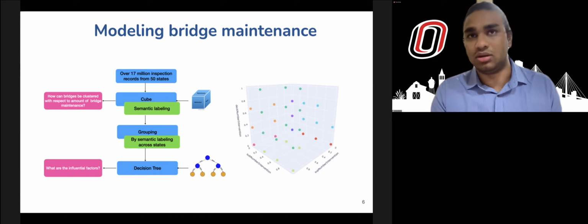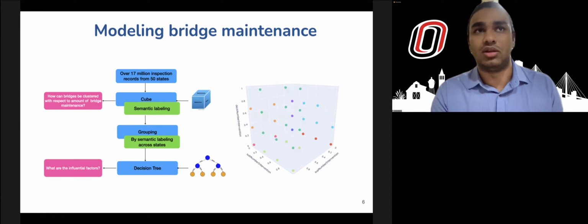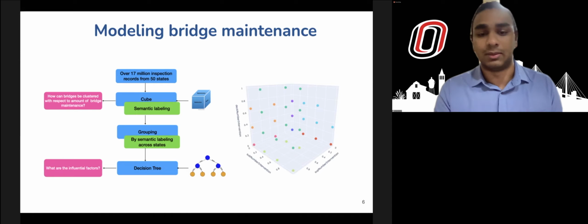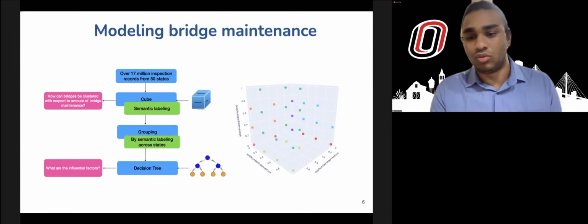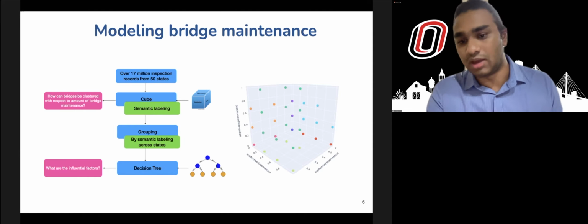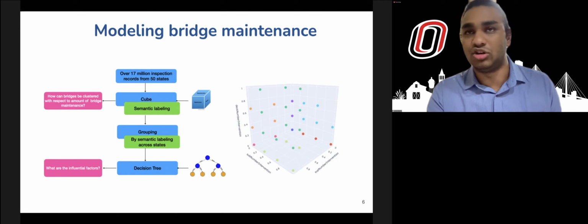A bridge has three major components. Looking at the data over a period of time, by looking at the condition of these components, we can make out if these bridges were maintained from time to time. On the right, you can see a cube, which represents the three main components. Every point in that cube is a bridge, and we try to categorize these bridges into several different classes.